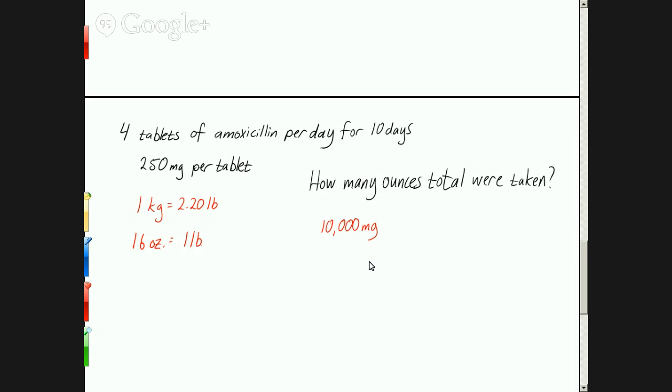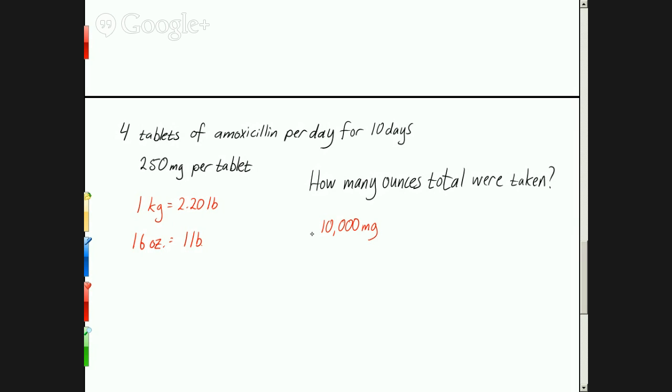Now that we've got 10,000 milligrams, it would be great if we just had one little conversion factor we could multiply by to get milligrams to ounces, but we don't have that. So the plan has to go through what we do have. We have kilograms to pounds, and we have pounds to ounces.